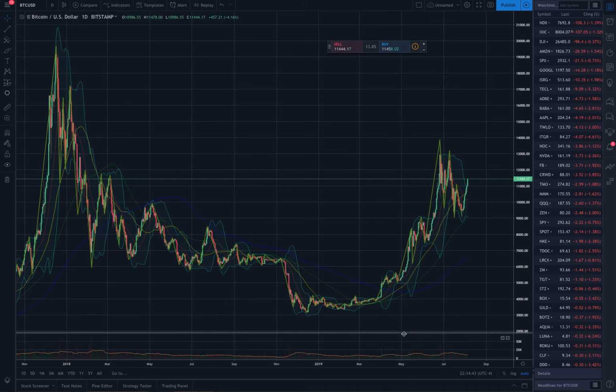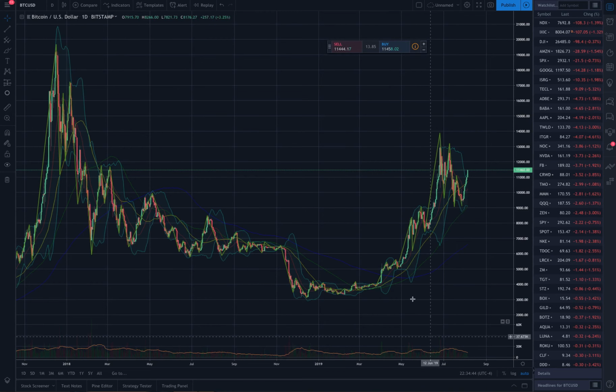By the way, the volume here is captured at the very bottom of the chart. We can get into volume in a separate video. But again, you saw this ramp up, which essentially seemed like a short squeeze. And when this all happened, May into June of 2019, there was actually a record level of open interest in Bitcoin, which means that there were a lot of people with options contracts against Bitcoin.